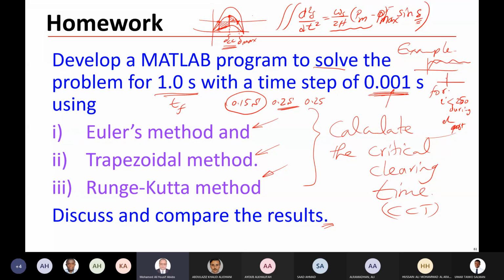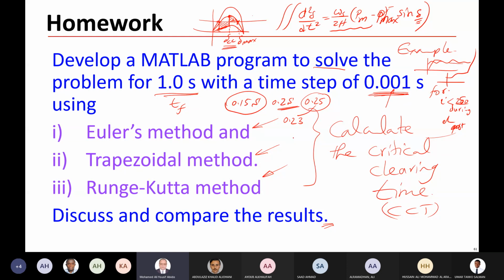Probably I will find out the system is unstable. In this case, I will reduce this time to, say, 0.23, and run again. So I will carry out 230 iterations, and then I will repeat again and again, back and forth, until I reach the maximum time that the system is stable under the fault.